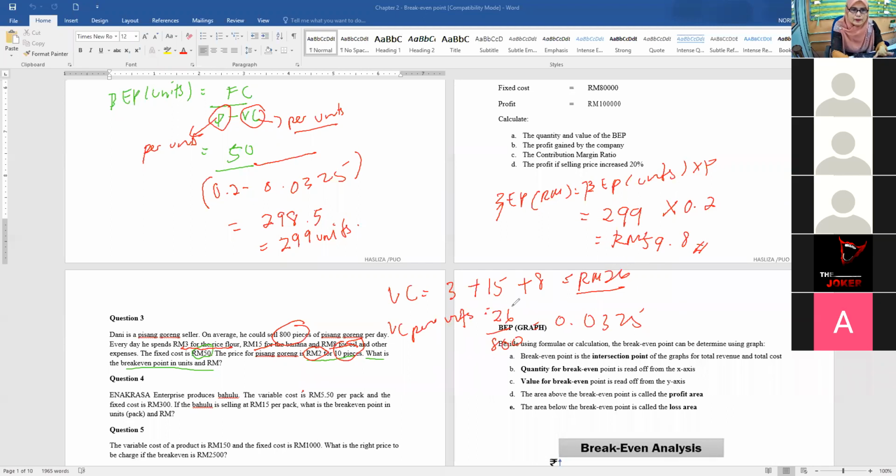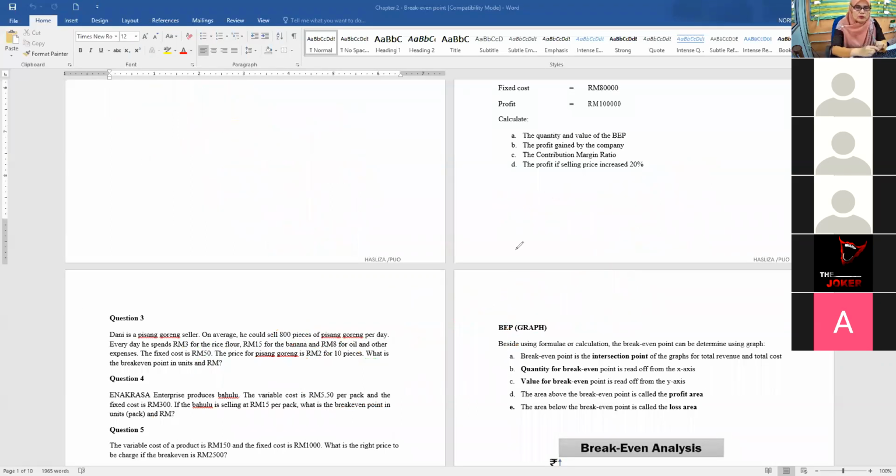Okay, kita pergi satu lagi, nanti awak buat soalan. Kalau awak tengok question 4 ni pun dia minta break even point in units and also break even point in RM. Question 4. Okay. Break even point in units, fixed cost divided by price minus variable cost.